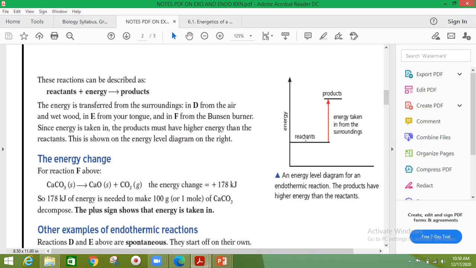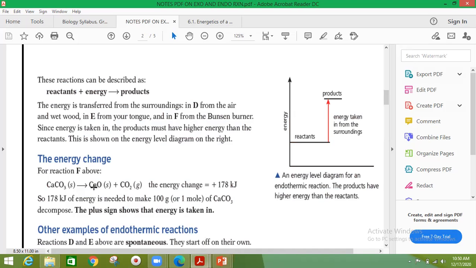So instead of this word, you will write CaCO3. Understand? And then draw this arrow from reactant to product. And then remove this word product and write in the place of product calcium oxide plus carbon dioxide.